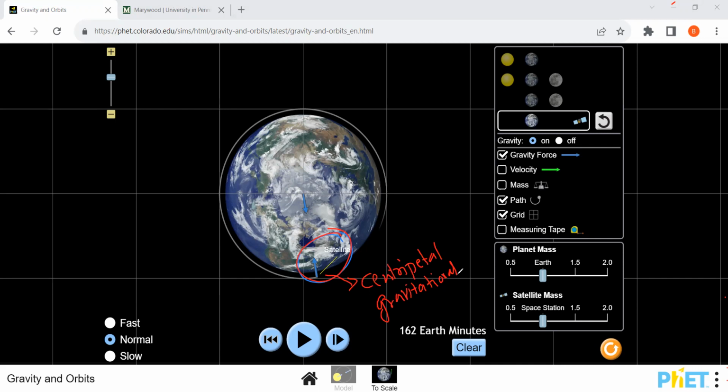This gravitational force supplies the centripetal force, and because of the centripetal force, the satellite is in this circular path.